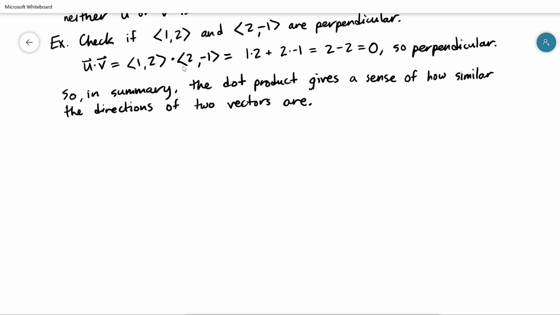Again, this comes from this definition, u dotted with v being equal to the magnitude of u, magnitude of v, times the cosine of the angle in between them.